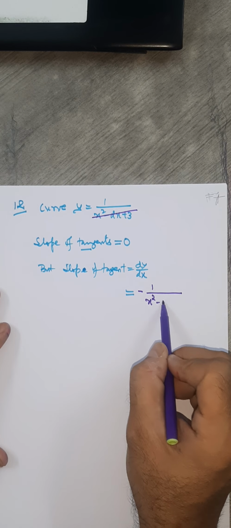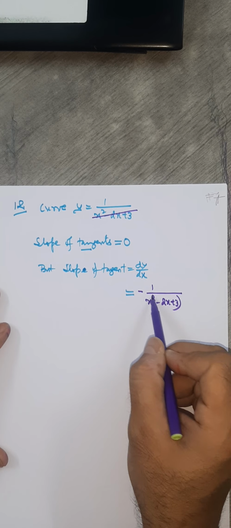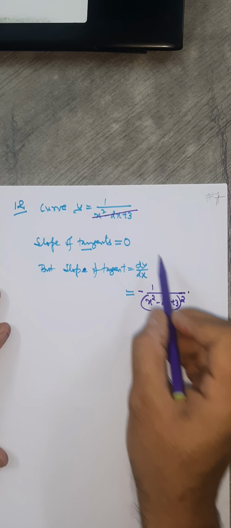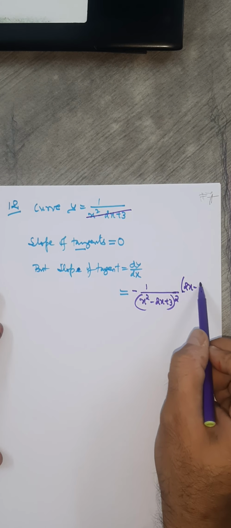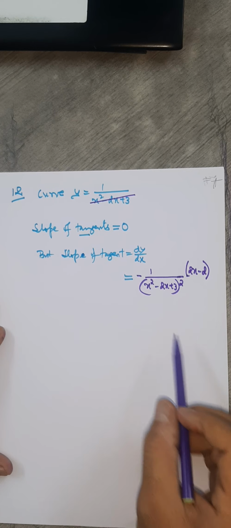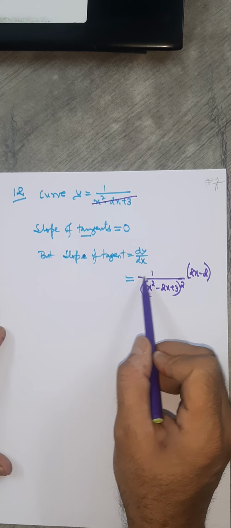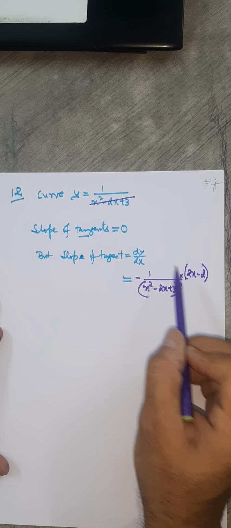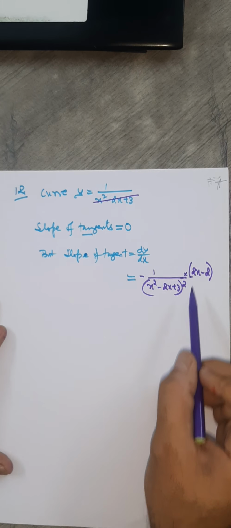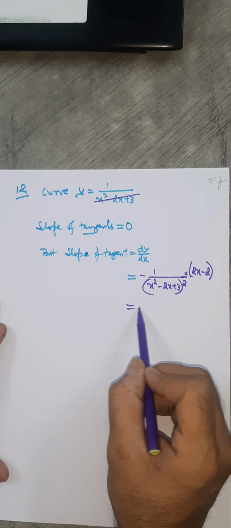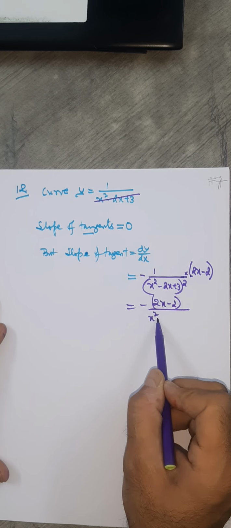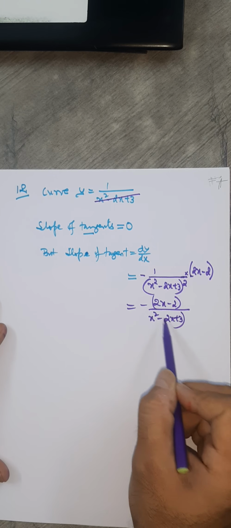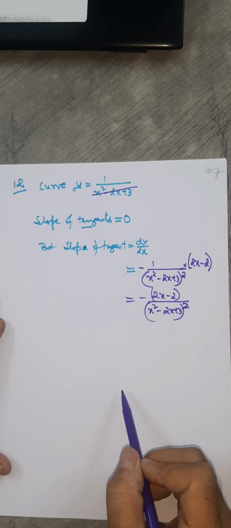So x squared minus 2x plus 3, the whole square, into, by chain rule, the derivative of this, which is 2x minus 2. So we are getting minus (2x minus 2) upon (x squared minus 2x plus 3) the whole square.